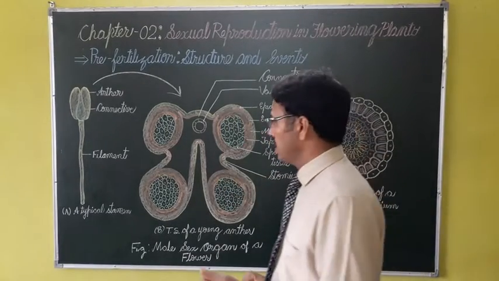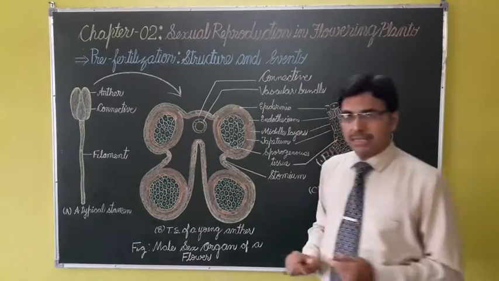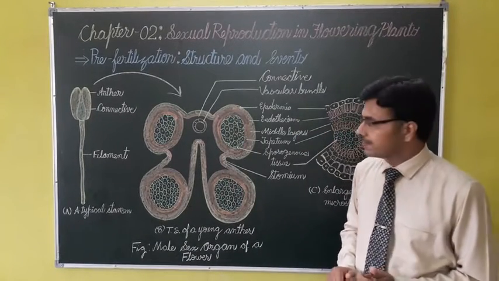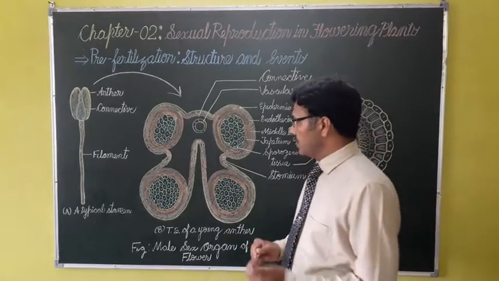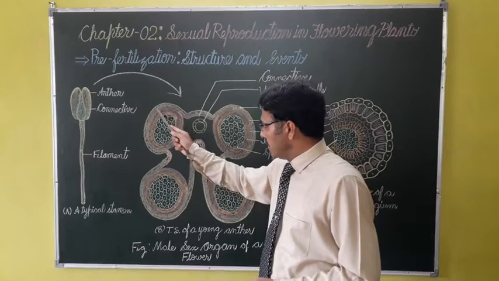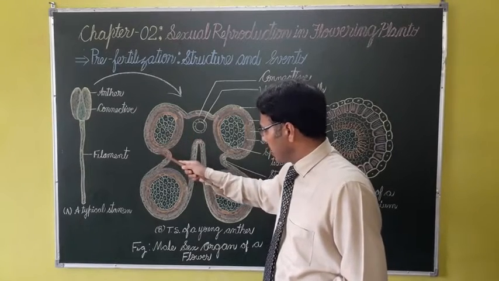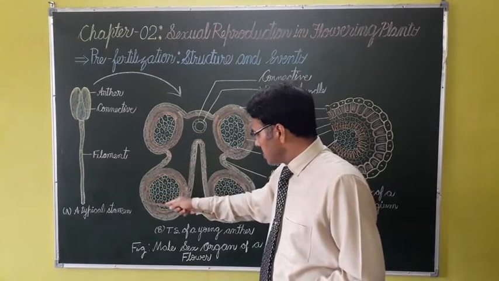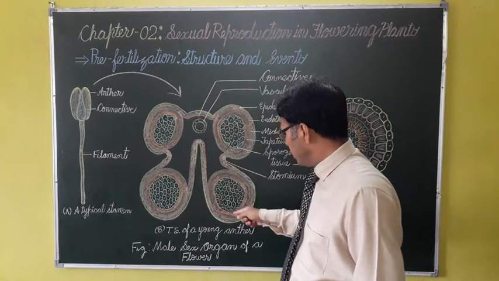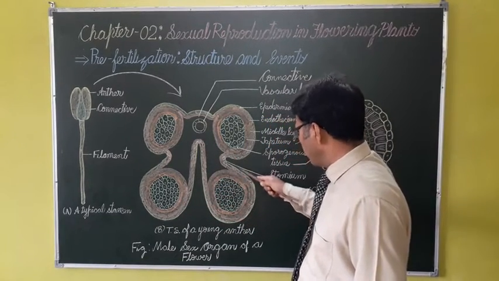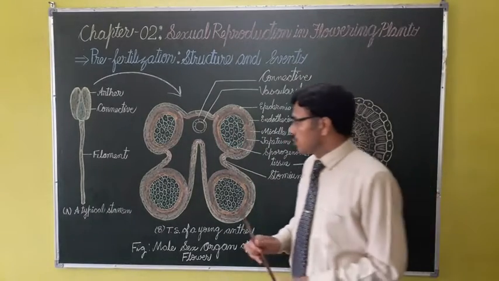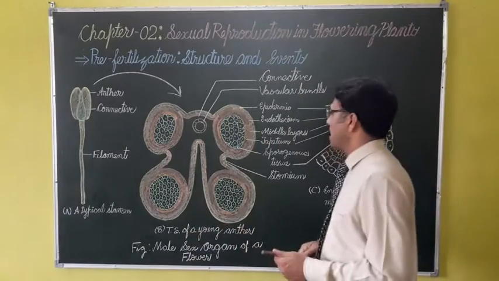Now let us discuss the different parts of this transverse section of anther. Students, what you are observing, the outermost layer, which is yellow in color I have drawn here, is the common layer surrounding the anther. This is called epidermis.